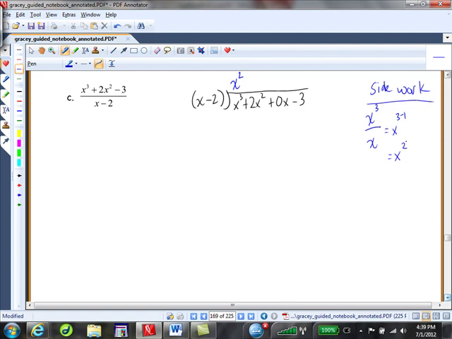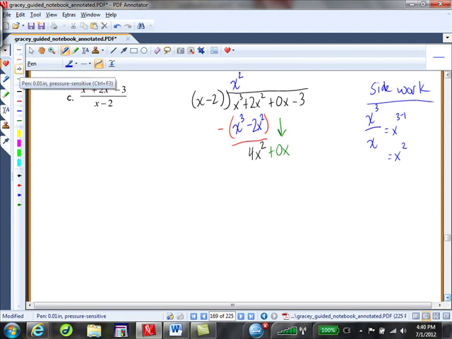Distributing the x squared through the divisor, we get x cubed minus 2x squared. We subtract this whole binomial, and we get a remainder of 2x squared minus a negative 2x squared, which gives us 4x squared. Good. And then we're going to bring down our plus 0x to keep everything lined up.